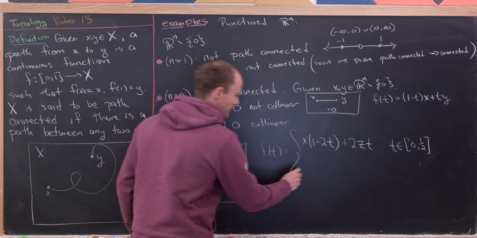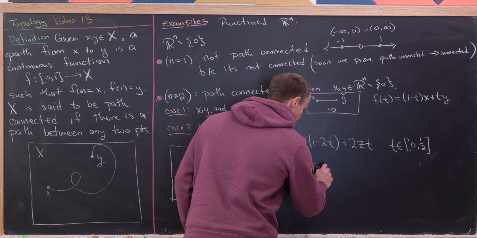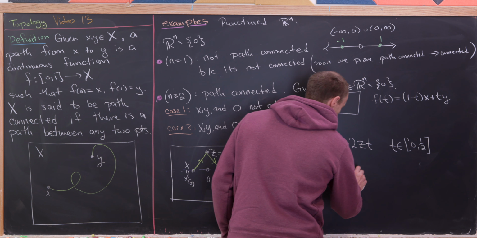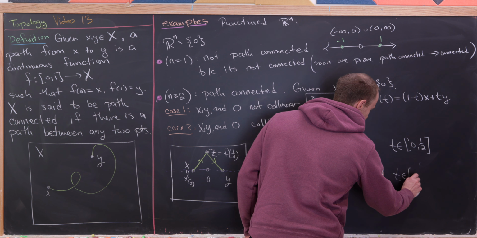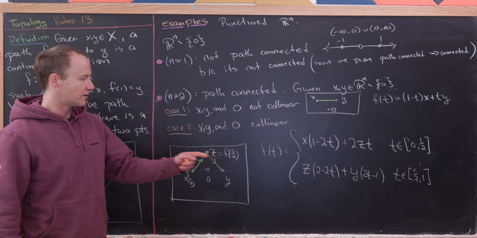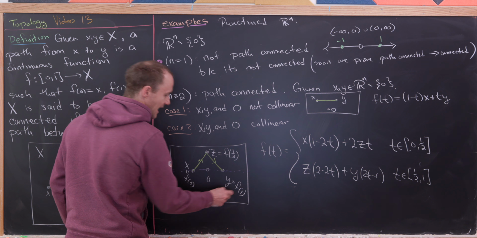And then for the rest of it, we'll have z times 2 minus 2t, plus y times 2t minus 1. And this is if t is on the interval from 1/2 to 1. But notice our setup right there gives us y is equal to f of 1.